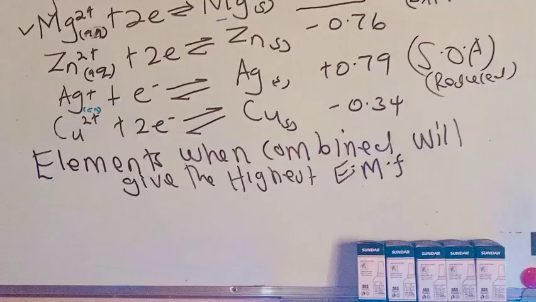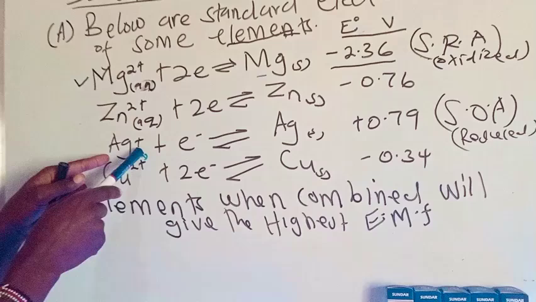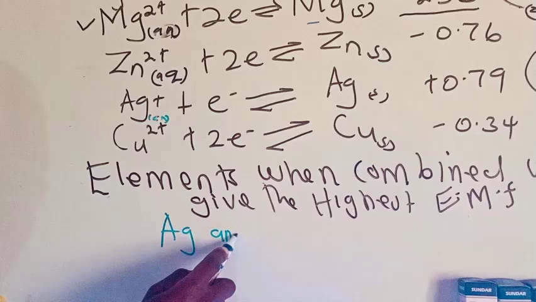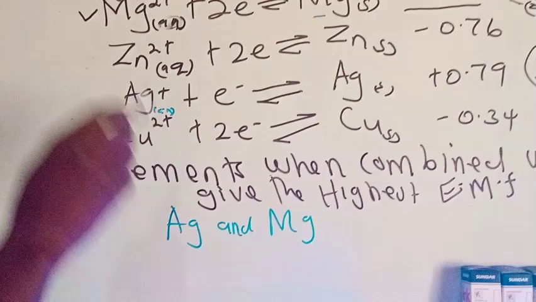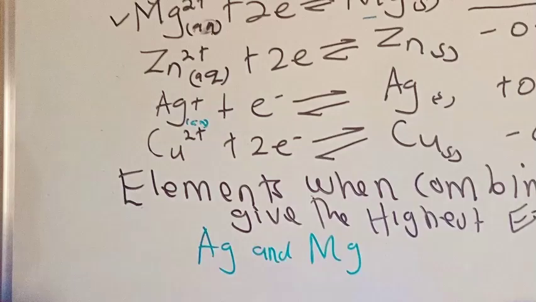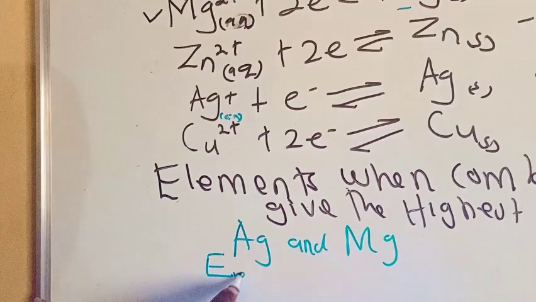In this case, we shall still go for silver and magnesium. When you combine silver and magnesium, they will give you the highest EMF. So you just say that the elements are silver and magnesium. We can calculate it. For instance, the formula is E reduced minus E oxidized.